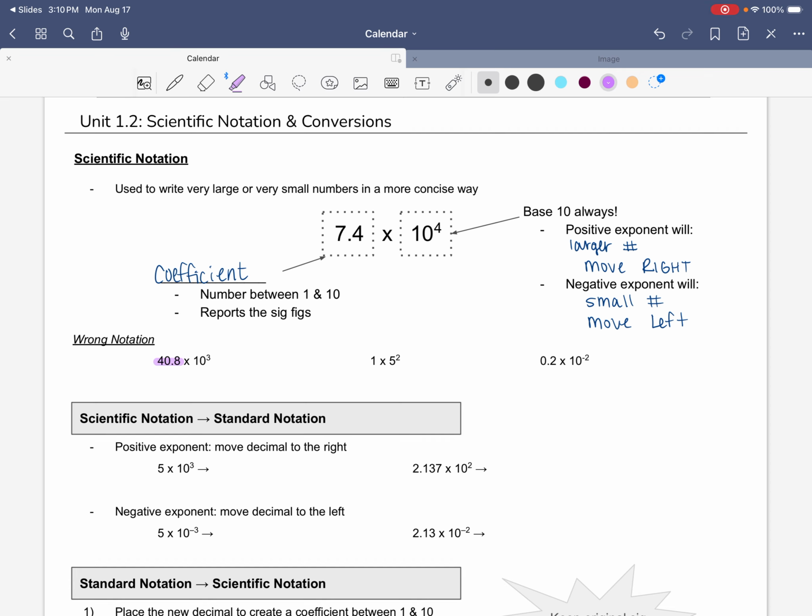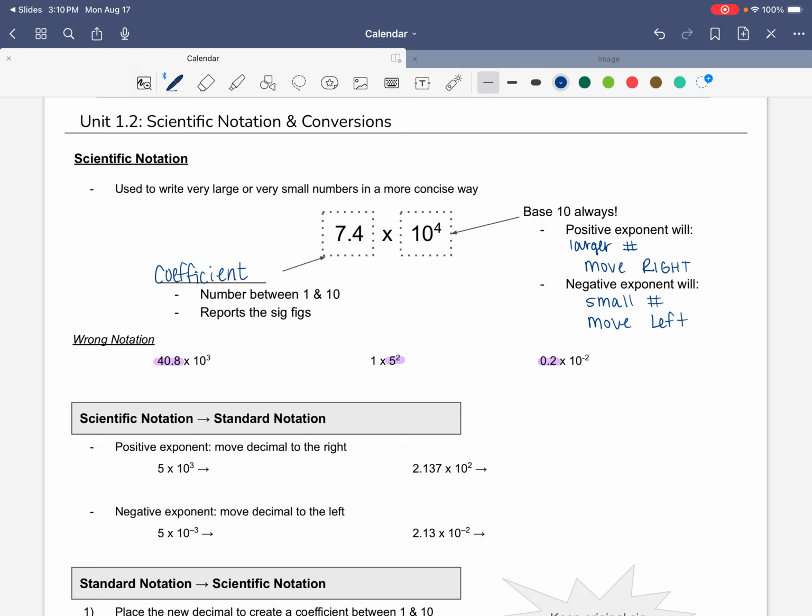We would need to move the decimal over 1 and increase the exponent on the base 10. For the next one, we have 1 times 5 to the second, so the base is not 10. So this is not scientific notation. And lastly, again, our coefficient is not between 1 and 10, so it is also in the wrong notation.